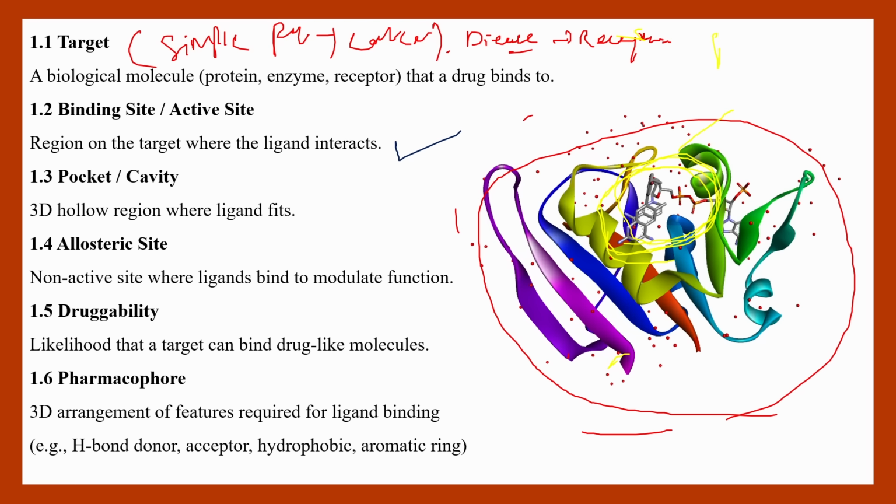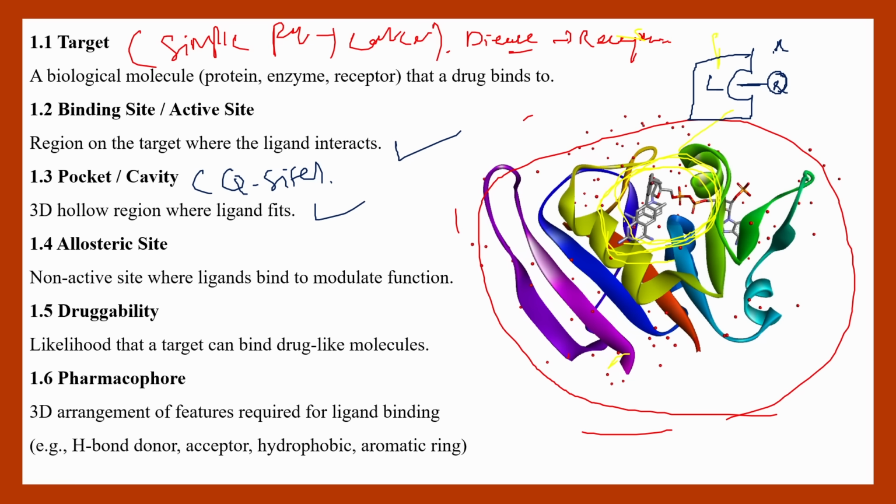So what is a pocket or cavity? It is also known as the cleft site. Basically, the cleft site is nothing but a pocket. If we take the example of an enzyme, let's suppose this is an enzyme, and we have the formation of the enzyme complex. As you know, that is the lock and key theory. Let's suppose this is the lock and this is the key.